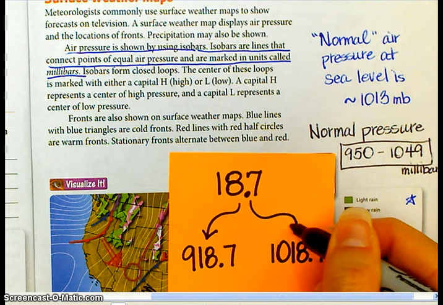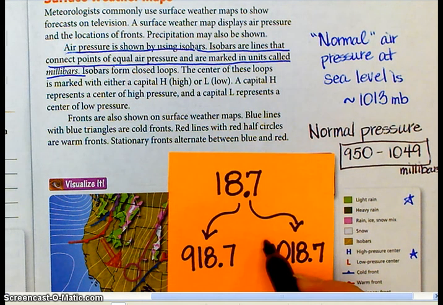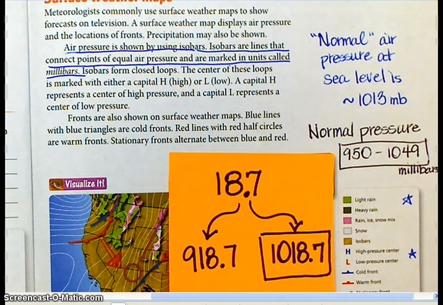If I put a 9 in front of it, it's too low, it falls out of that range. So I know that it should have a 10 in front of it. So my pressure at that particular station was 1,018.7 millibars.